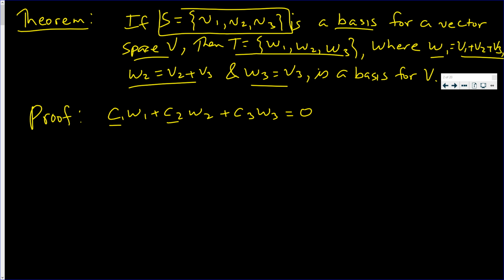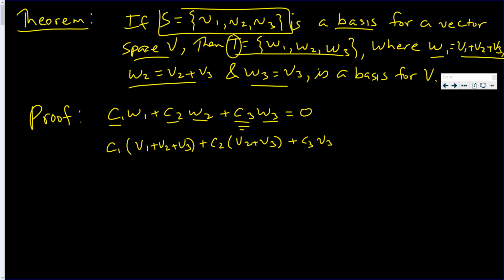If those coefficients must be 0, then the set T is linearly independent. But this is the same as C1 times W1, which is V1 plus V2 plus V3, plus C2 times W2, which is V2 plus V3, plus C3 times W3, which is just V3.